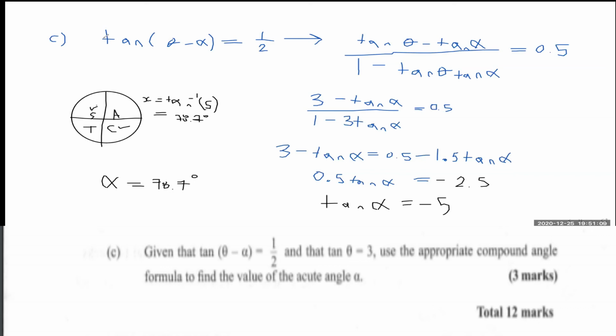Now we can go to question 5. The easiest part of the paper, differentiation. Question 5 says, y is equal to x cubed minus 3x squared plus 2.